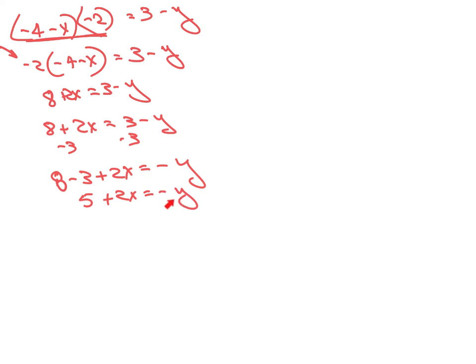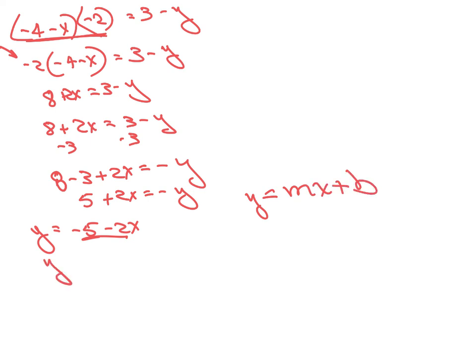So once I get my y isolated, written like this, I can change absolutely everything to its opposite, and that gives me a positive y. Now let's flip this around and put the y over here on the left. And to get it in the y equals mx plus b format, my x has to be first, so I'm going to take the negative sign with it, like that. So now it's in the correct format.